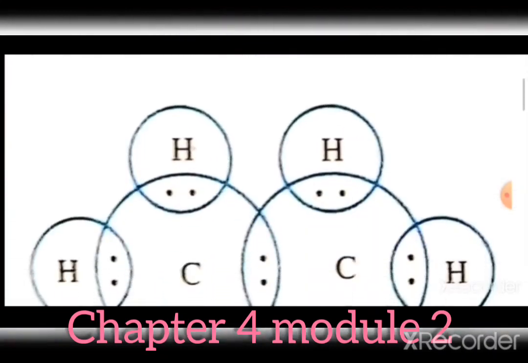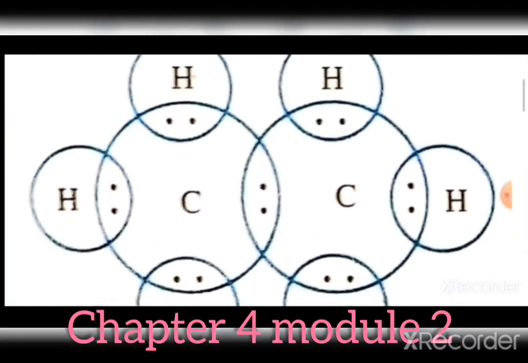See here the electron dot structure of CH3 bond CH3, that is C2H6, ethane. So its name is ethane. It has 2 carbons, and 6 hydrogens, because 3 valencies of each carbon have been fulfilled by hydrogen, and 1 it will share with the other. That means 1 carbon will share 1 electron with the other carbon.